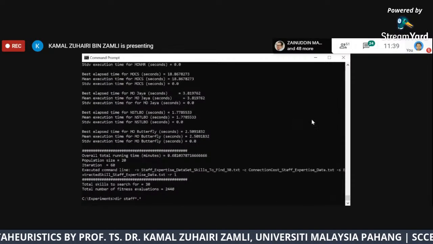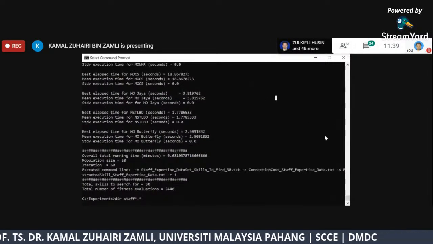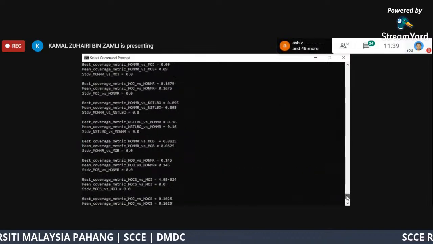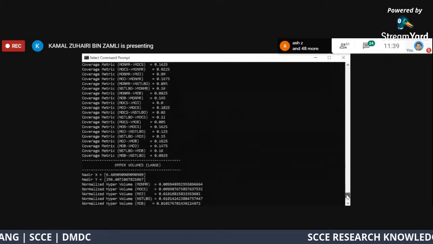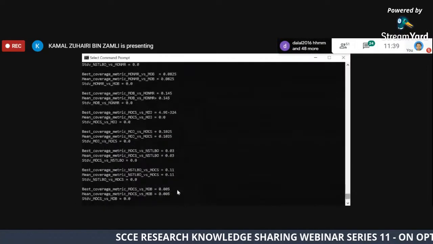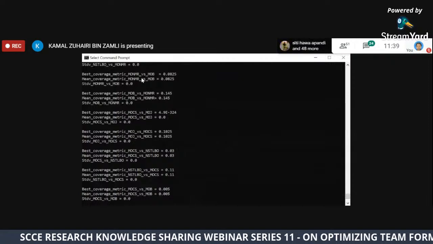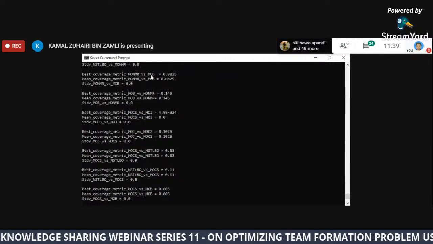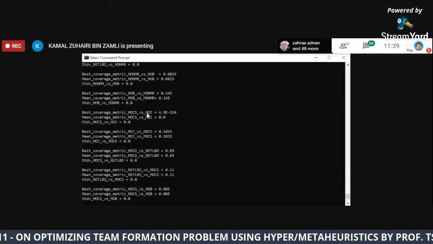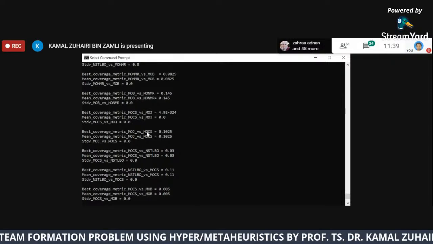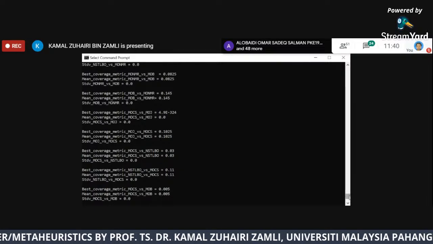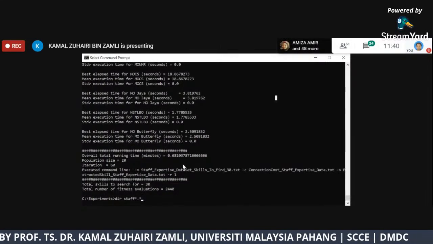We have 6 algorithms: NST, LBO, MOCS. This is the algorithm we run. We run naked mole rat, this is the multi-objective butterfly algorithm, and we have multi-objective Jaya, multi-objective Cuckoo Search.